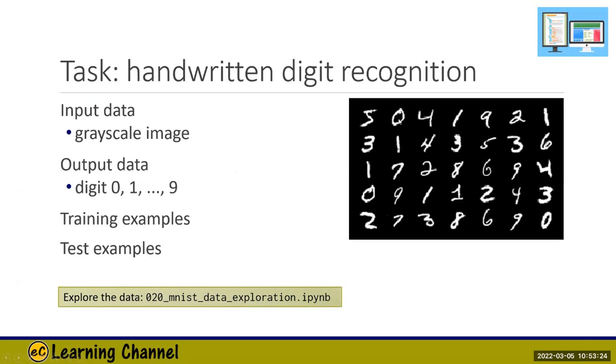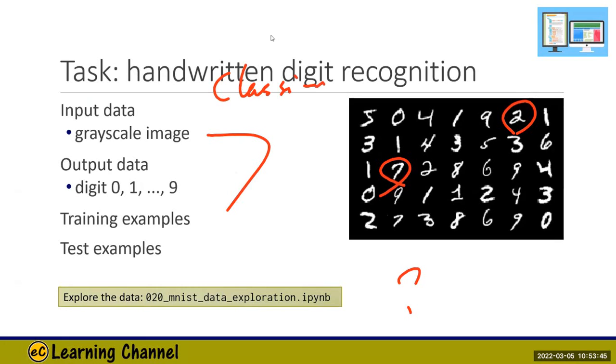If I write something like this, should it be recognized as 2 or as 7? This is called classification.